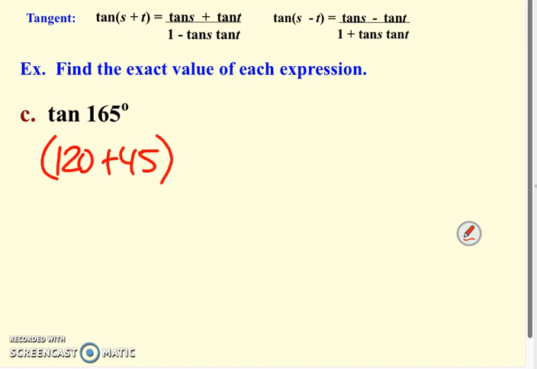So let's say I decided to go 120 plus 45. Again, lots of options, plenty of things I could have chosen, but I'm just going to pick those two and then go ahead and expand it out.